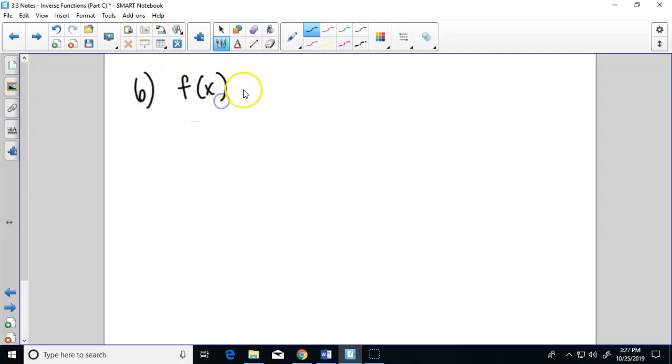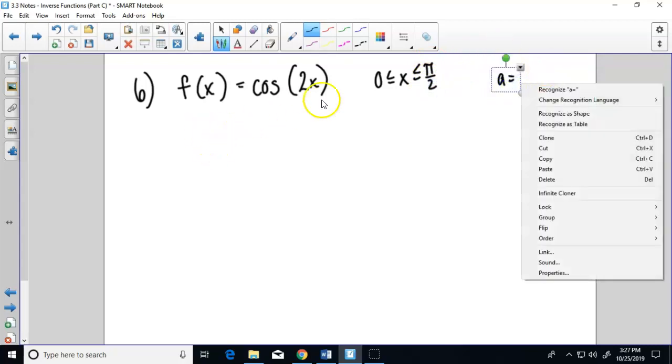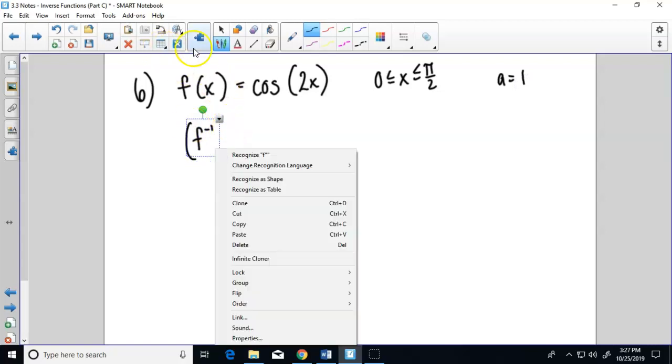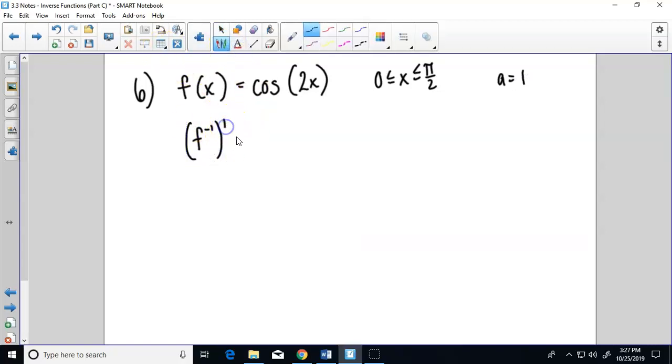So f of x equals cosine of 2x, and we're only looking in the first quadrant. And we're looking at a equals 1, and we are supposed to find f inverse prime of x, and so our a is 1.